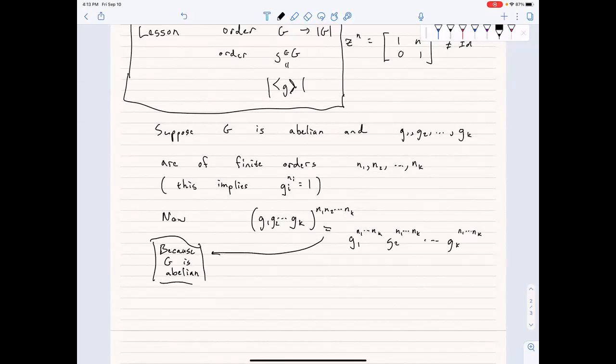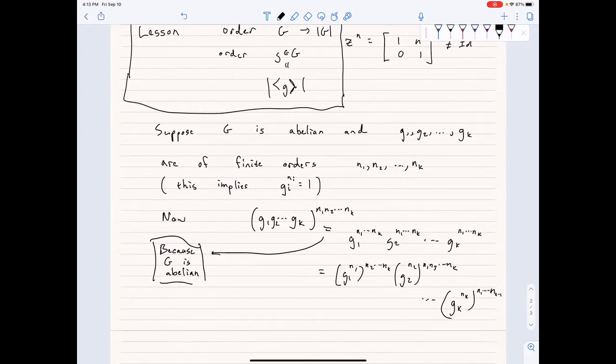But here we can apply our nice rules. We get G1 to the N1 to some power, namely K, G2 to the N2 to some power, and so on up to GK to the NK, to the N1 up to NK minus 1. Wouldn't that equal 1 or the identity?